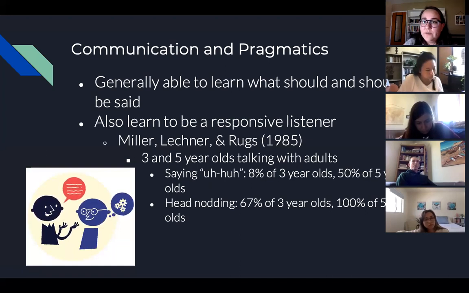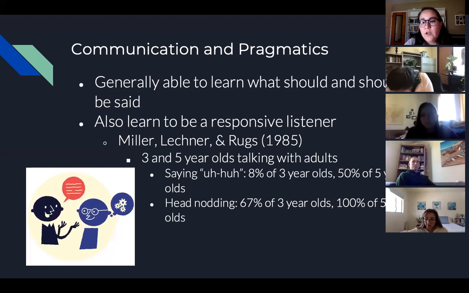They had picked up that as a listener, you sometimes go "uh-huh" or "oh" in response to your conversational partner. There's also a big difference in the body language piece of communication, so nodding their heads. Two-thirds of the 3-year-olds knew, "Oh, okay, I nod my head yes when I am a listener in a conversation," whereas all of the 5-year-olds in the study did that.